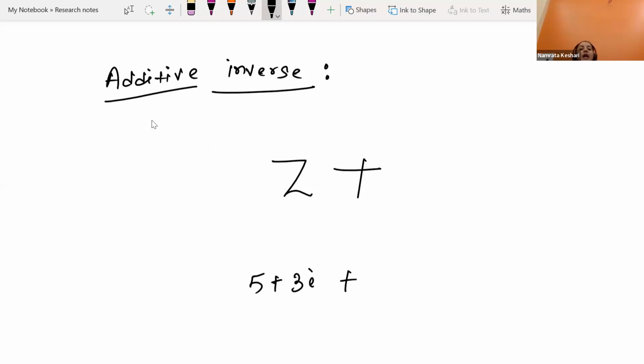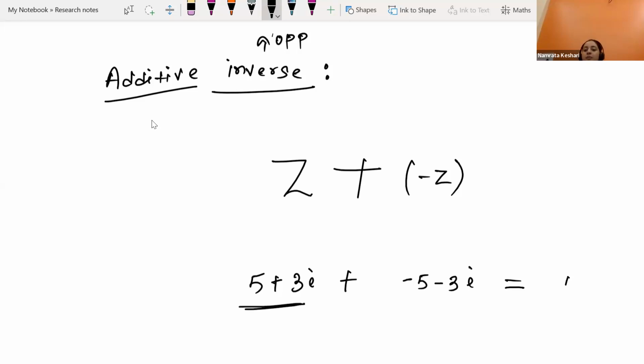Add something, but that has to be the inverse, that means opposite. So the opposite of this z will be minus z. For 5 plus 3i, the inverse will be minus 5 minus 3i. This will be added to the given complex number and the result will be 0.